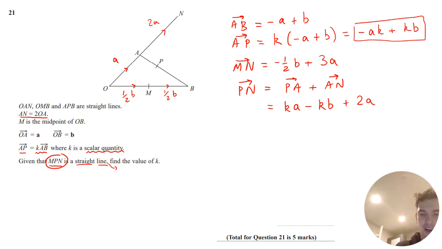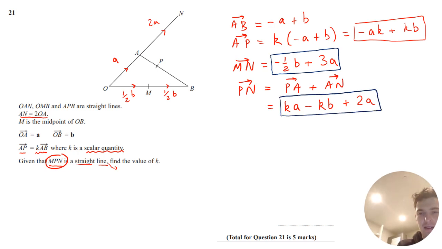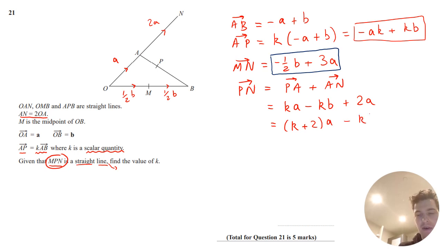Okay, so let's change color. Let me circle what vectors I've got. I've got this vector MN, and this vector PN. Now, before I go any further, I'm actually going to rewrite PN as the following. k plus 2a minus kb.